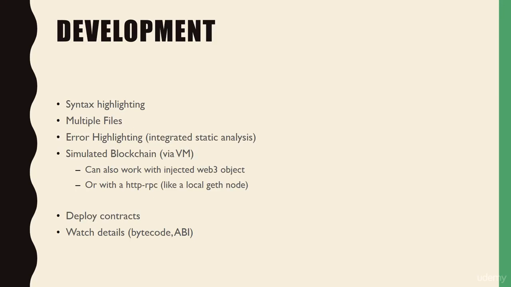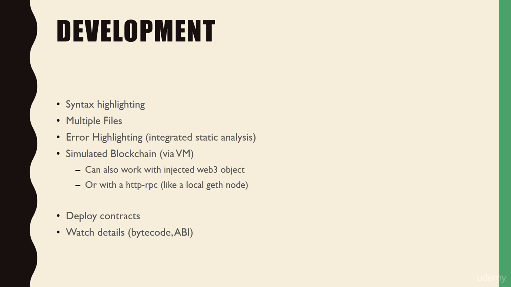A few points interesting for development with Remix. Remix does syntax highlighting. It can work with multiple files, and it also has error highlighting, which it does with the integrated static analysis. With Remix, you get a simulated blockchain, but it can also work with an injected Web3 object or with any HTTP RPC, like with a local geth node on localhost 8545, for example.